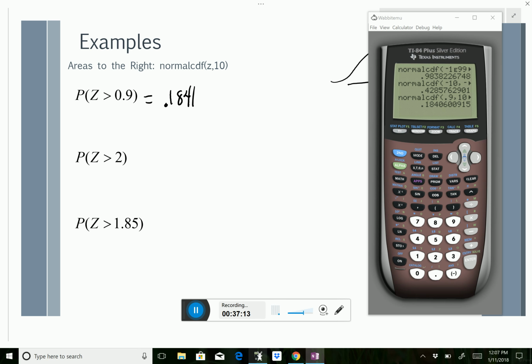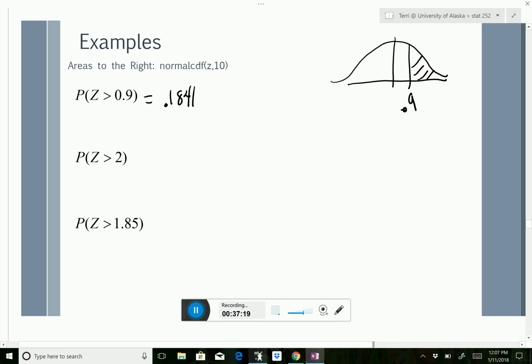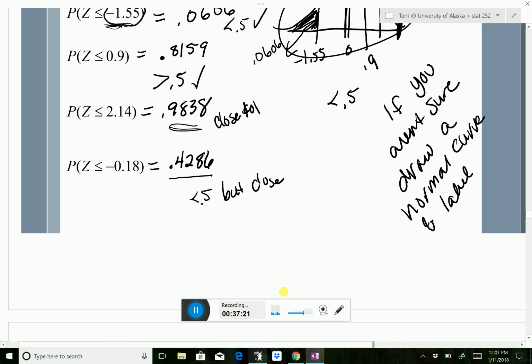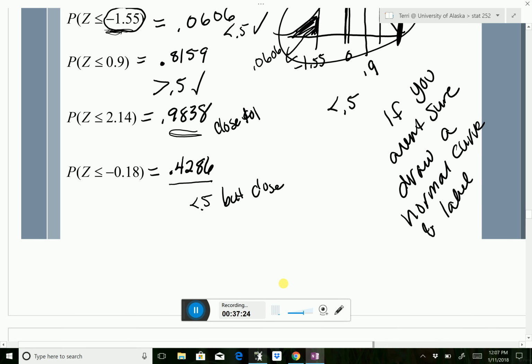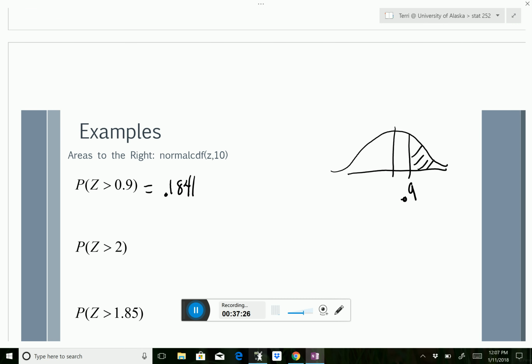And that makes sense, right? And I also want you to look at this thing. When we had the other side of 0.9, we had 0.8159. Notice this. 0.8159 and 0.1841. What does that add up to?